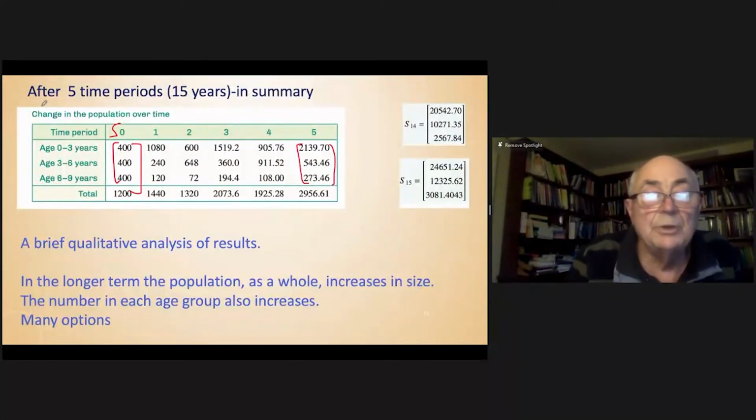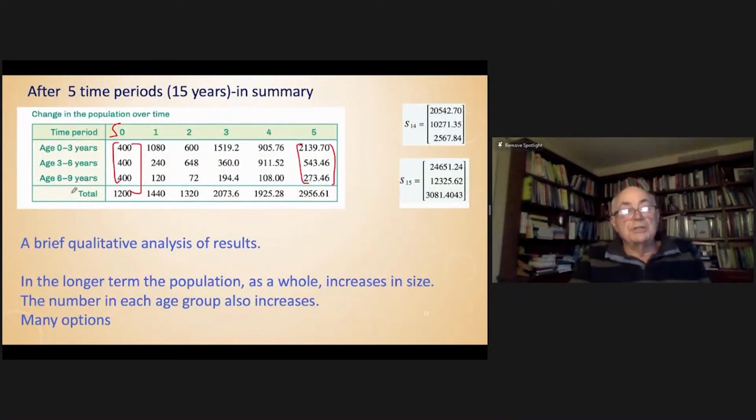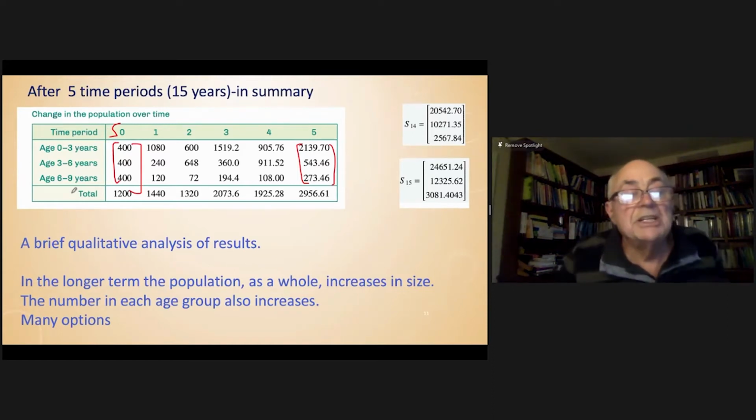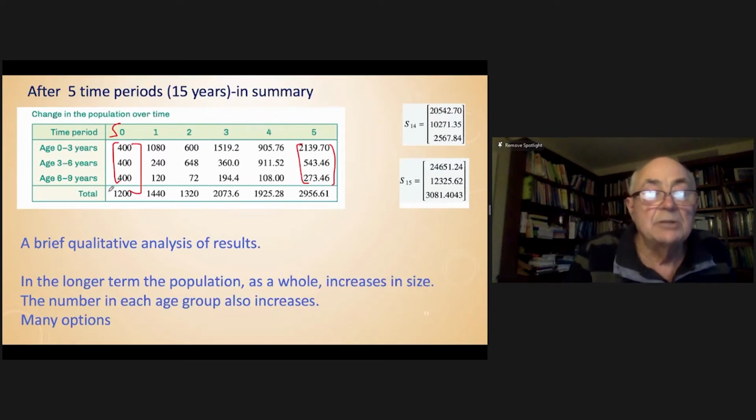The other thing that we don't worry about too much with the normal transition matrices is that the total size of the population, the total number of elements within that matrix, remains constant. We don't worry about the change in the overall population size because it never does. But here, that's one of the key issues.